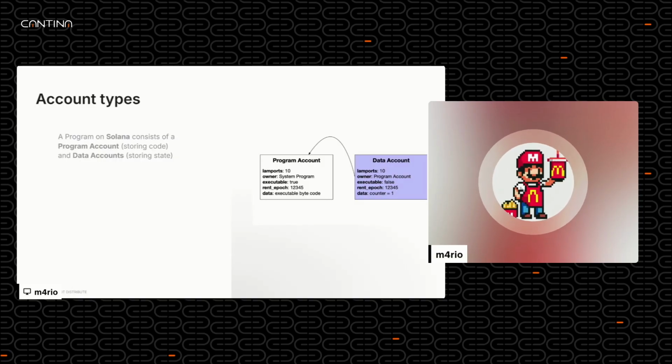Here in this diagram, we have the program account on the left, and the data account on the right. As you can see, they're quite similar, but quite different, if I may say. This separation is different than EVM, and you will see how.